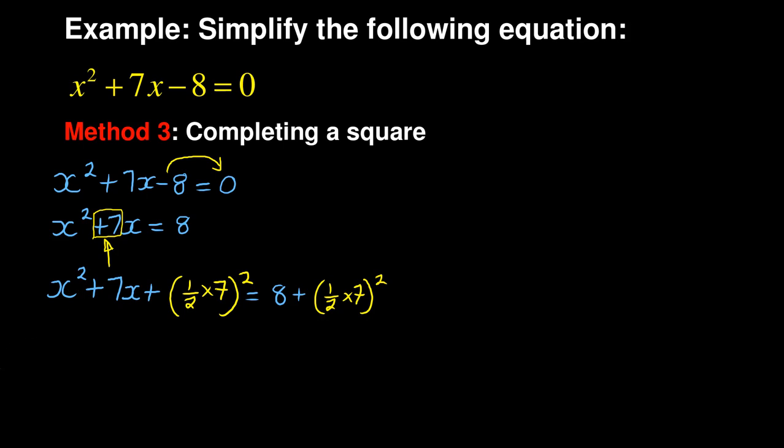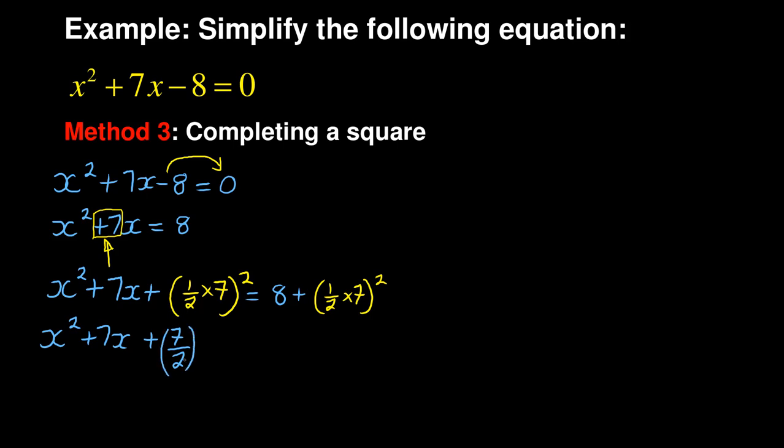So if I can simplify this, I will have x squared plus 7x plus, now you can see that half of 7, I can leave it as 7 over 2 in this case. Now it will be 7 over 2.